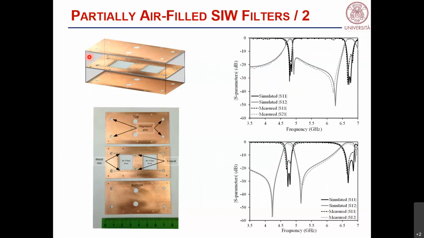You see here the sandwich structure that we implement at the end. And you see here the holes to mount the coaxial probes, and also at the top there are the holes that allow us to solder the central conductor of the coaxial probe with the top wall of this layer.